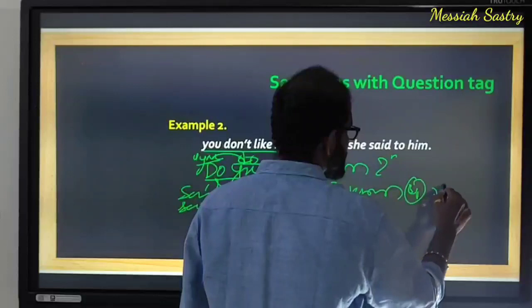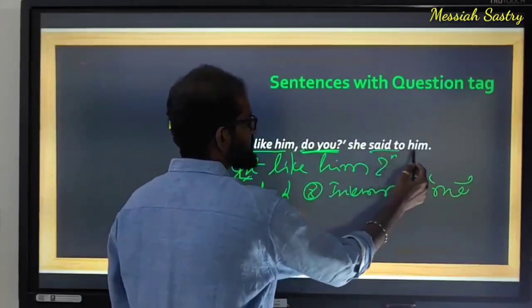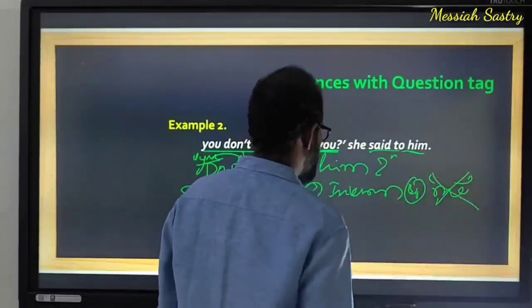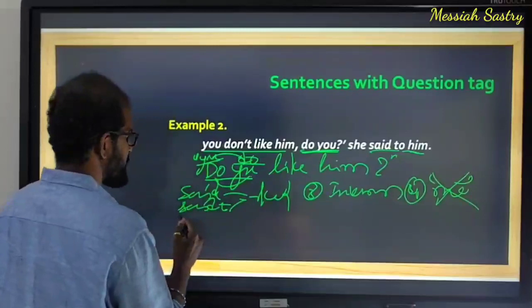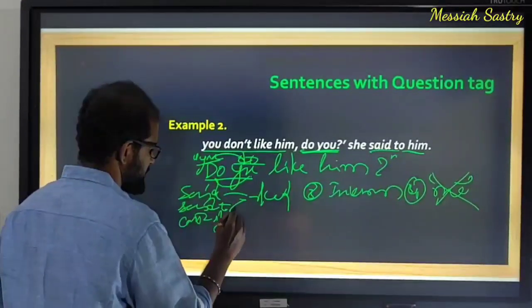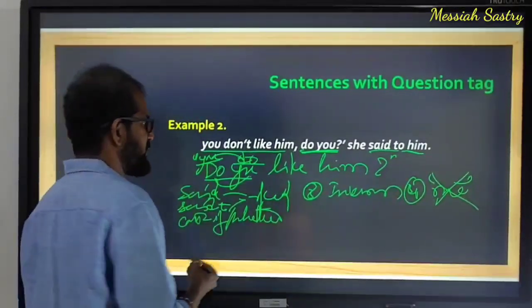Fourth point, use me if there is no listener. Let us see whether there is a listener or not. She said to him. Listener is there, so we don't use me. And then fifth point, conjunction. What conjunction are we supposed to use? If or whether. We use if or whether.